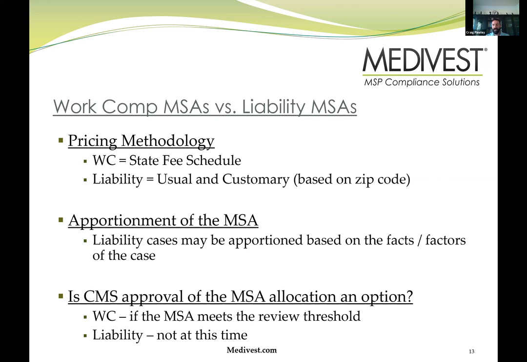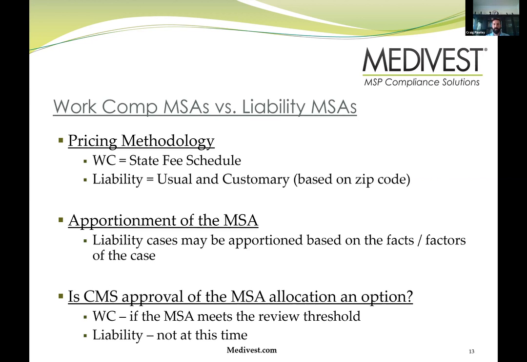So let's say you have an individual where, in a perfect world, if you went to trial, you won everything you were looking for, the case was worth $1 million, but based on some other factors, maybe some contributory negligence, maybe some policy limits, these other factors allow you to take that into account with the MSA.